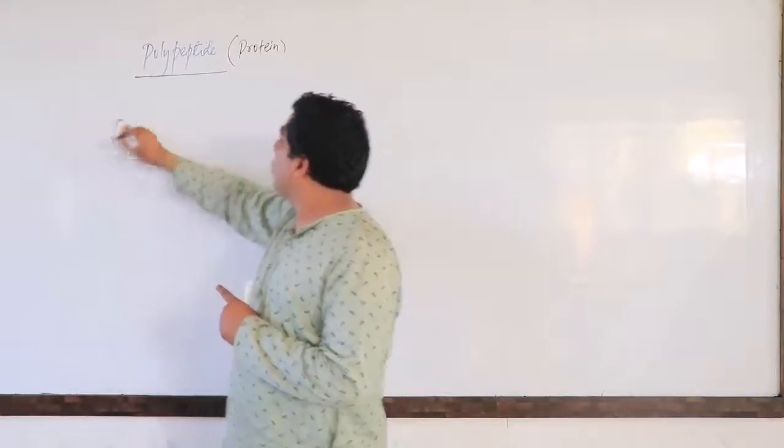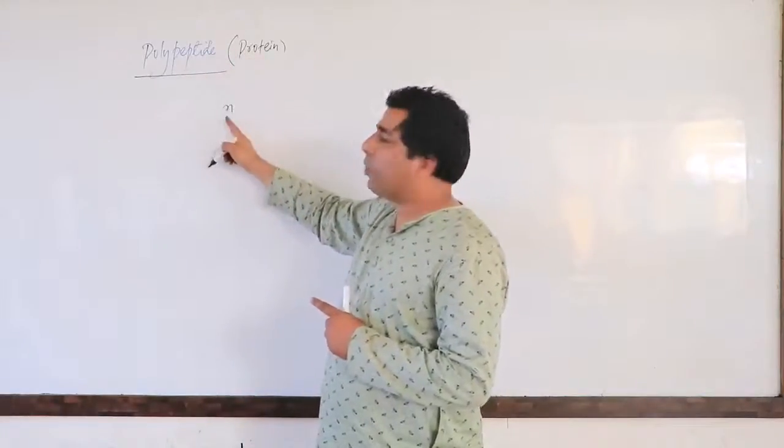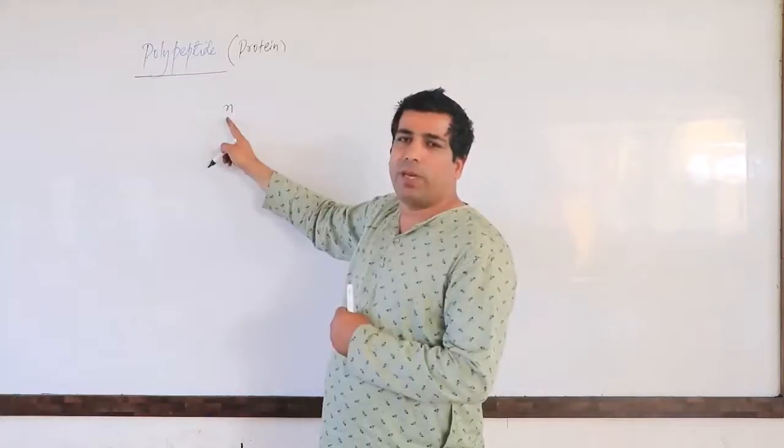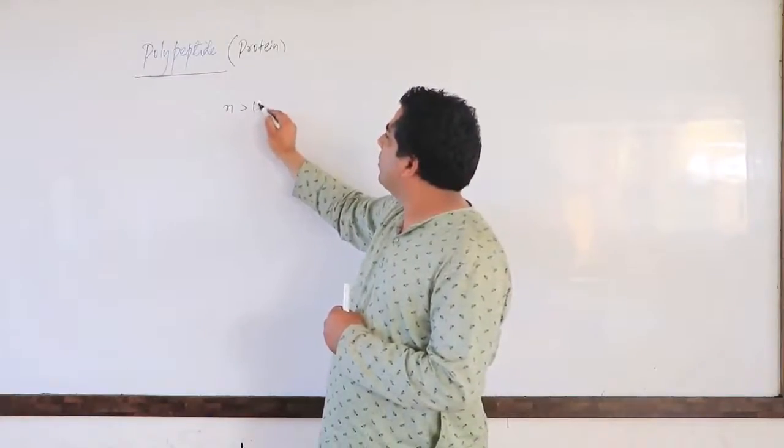But when you say that your polypeptide is a protein, at that time the N value, do you know what is N? Just now I told you, number of amino acids, should be greater than 100.